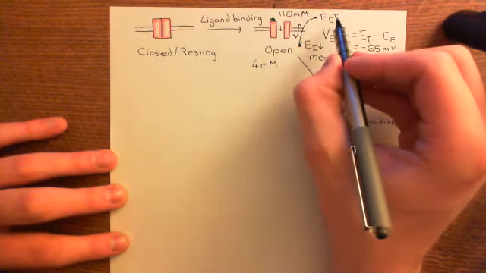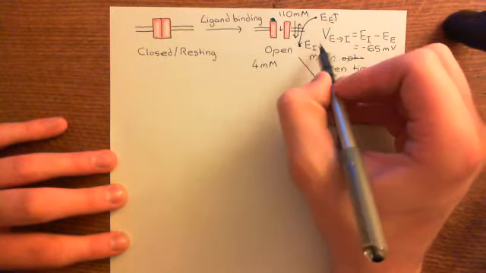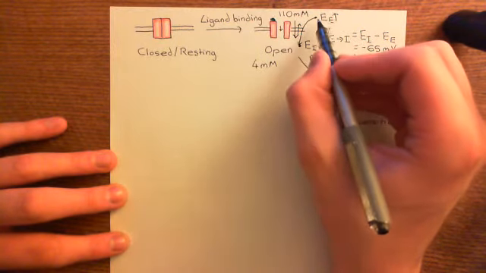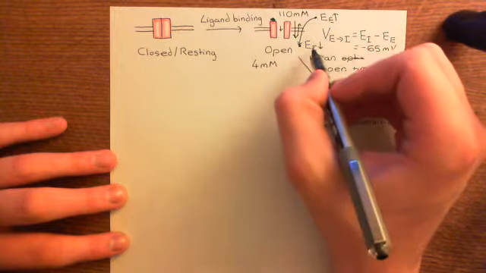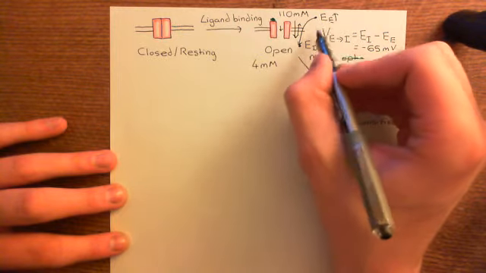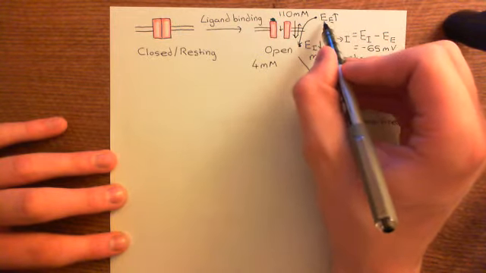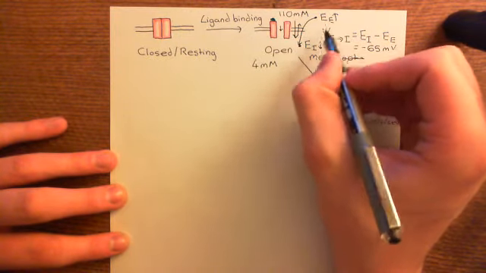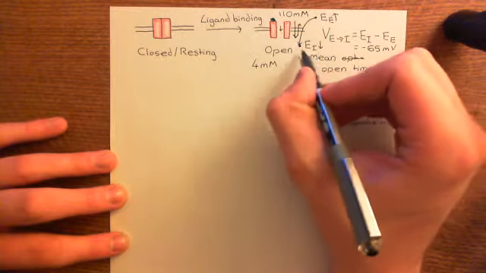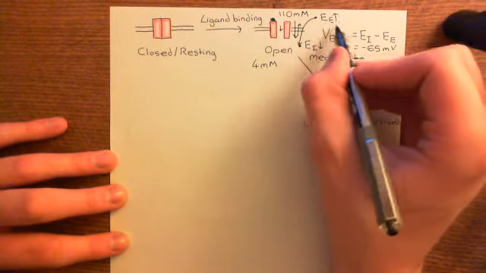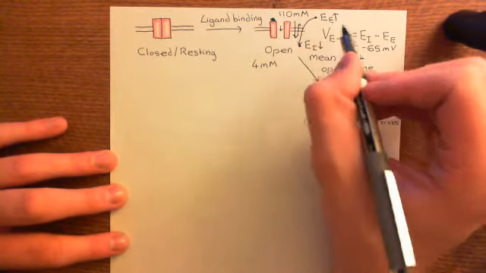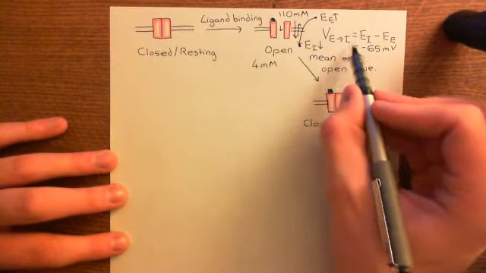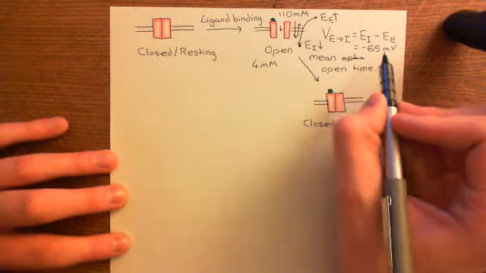So the electrical potential extracellularly is going up, and the electrical potential intracellularly is going down. The way we started was that the intracellular electrical potential was 65 millivolts lower than the extracellular electrical potential. If this one's going up and this one's going down, then the amount by which the intracellular electrical potential is lower than the extracellular electrical potential is just going to get greater, i.e. the voltage from extracellular to intracellular is going to become more negative.